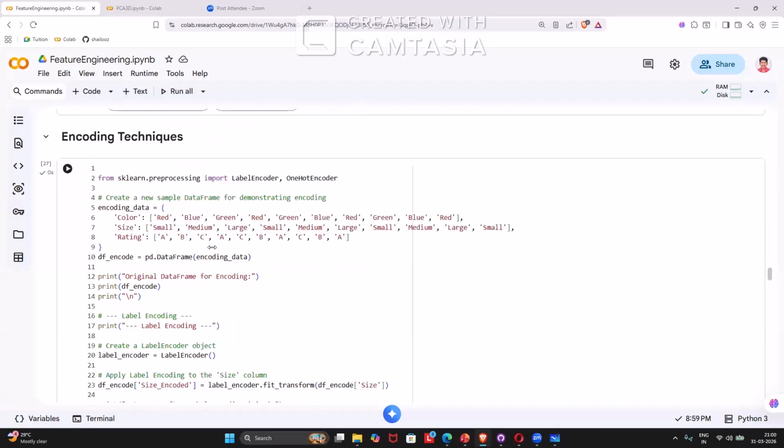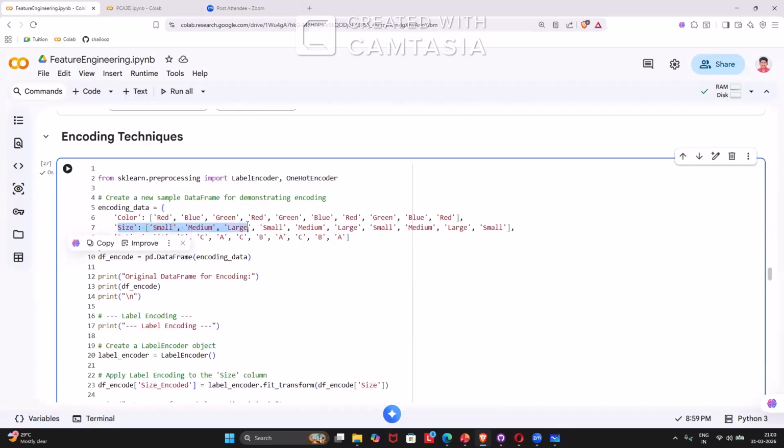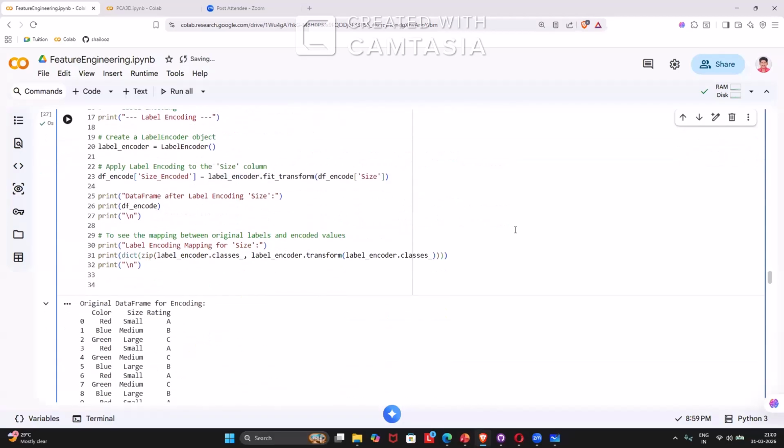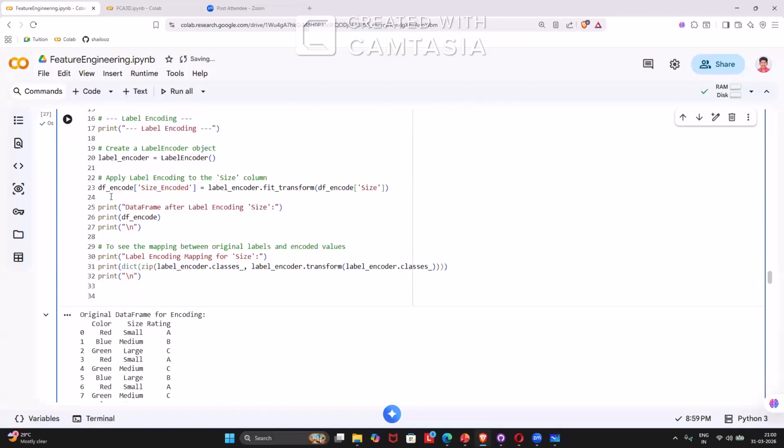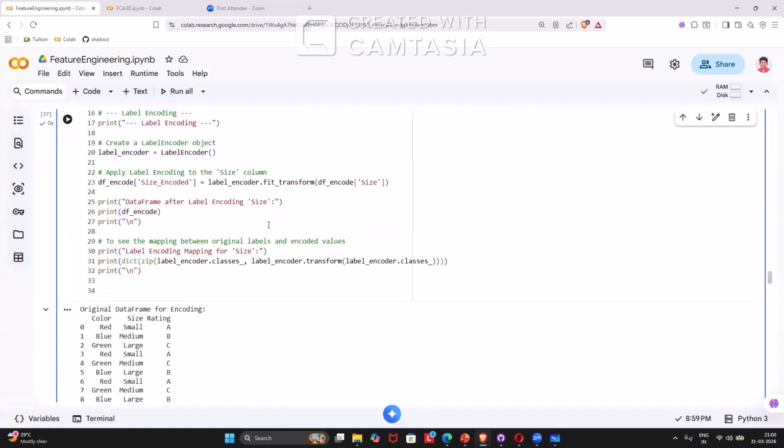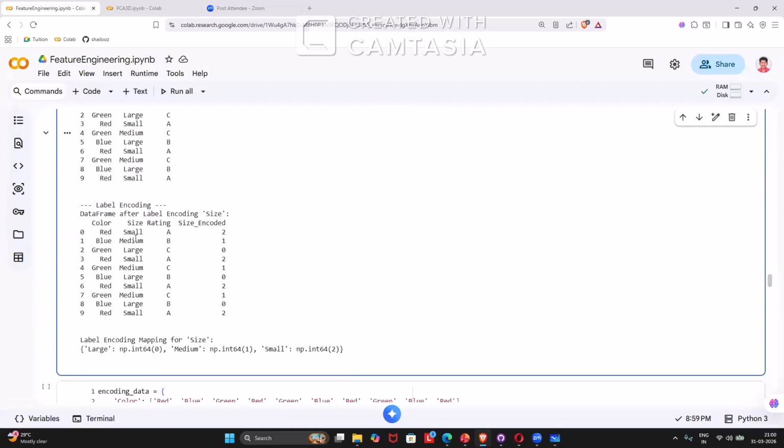We are encoding the size: small, medium, large. We introduce a new column, size encoded, using label encoder fit on df of size. The small will be encoded to 2, the medium to 1, and the large to 0.